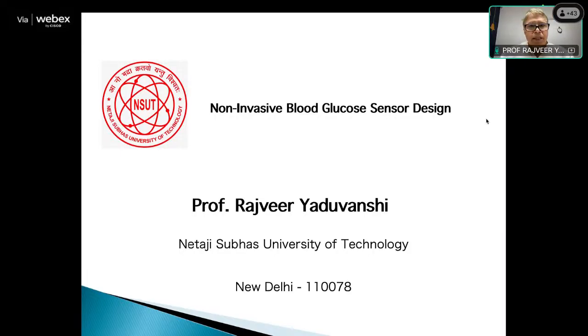Maybe they throw some frequency on the blood glucose molecule as per the wavelength of the molecules, and then that radio frequency is absorbed in a particular volume, and based on that absorption we will be able to determine glucose on a real-time basis. Either it may be a shift in frequency, or a shift in amplitude, or a shift in phase.